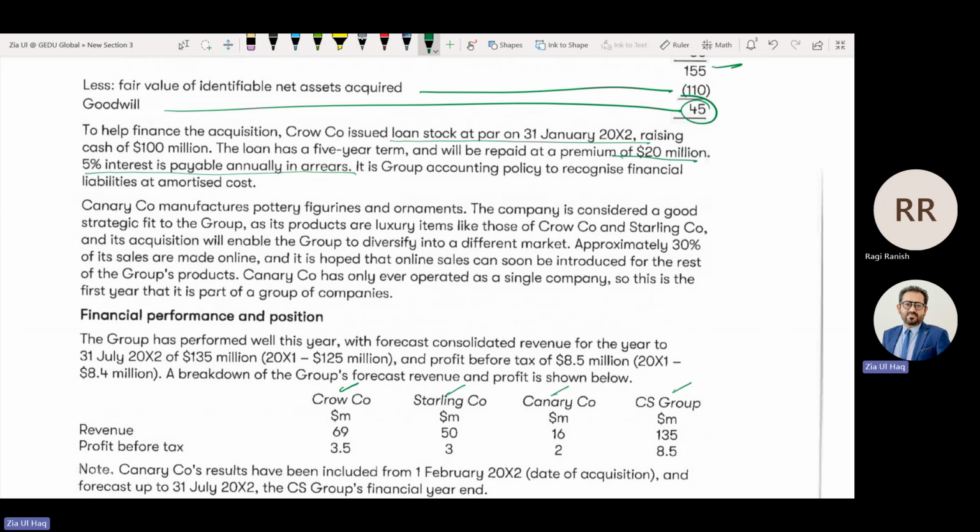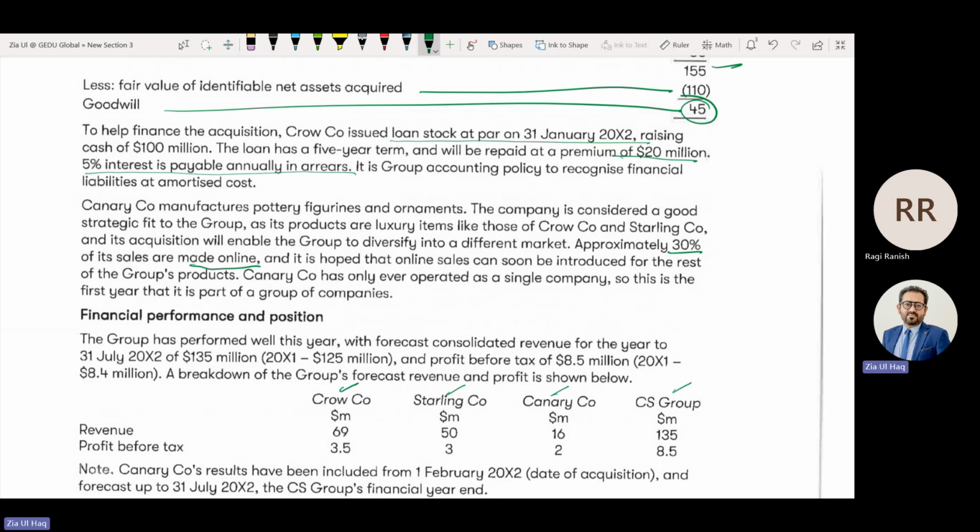And its acquisition will enable the group to diversify into a different market. Approximately 30% of its sales are made online. And it is hoped that online sales can soon be introduced for the rest of the group's products.